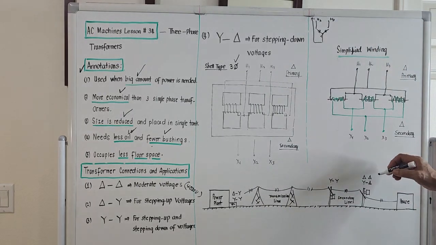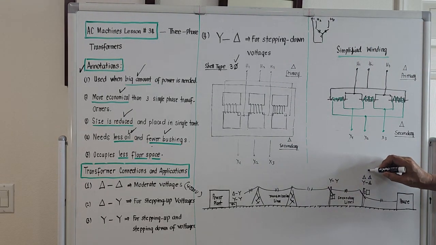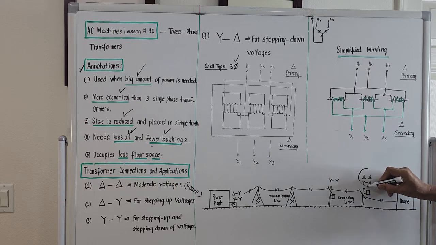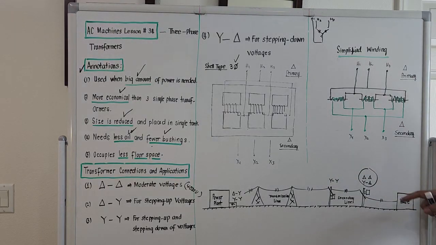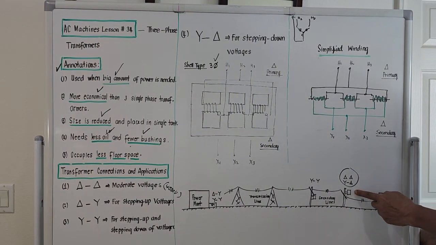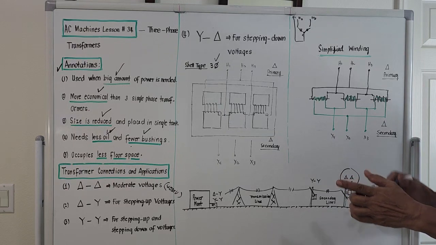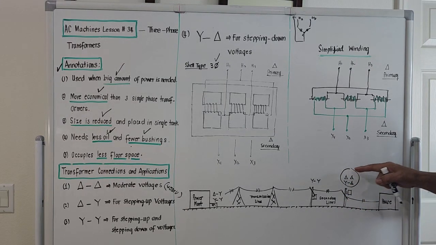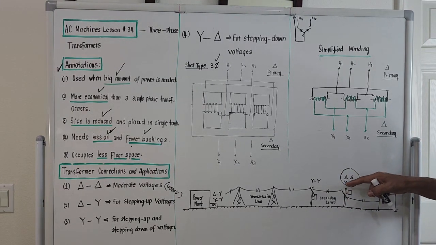It could be on the primary post going to our houses. If there is a transformer here and it is a power transformer, it could be that the connection is delta-delta or a Y-delta.